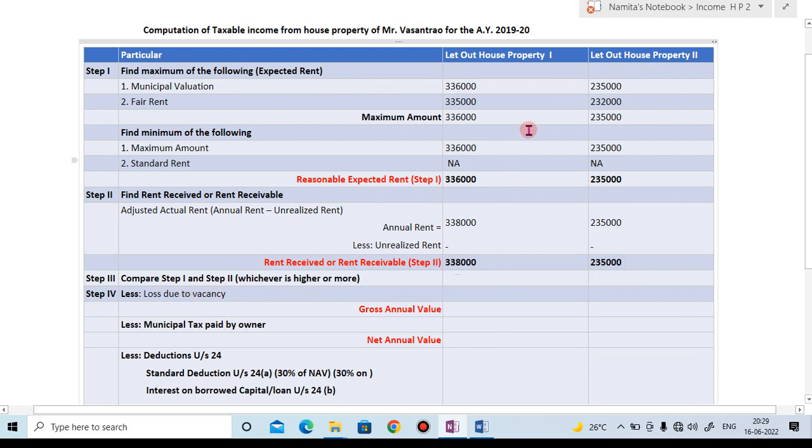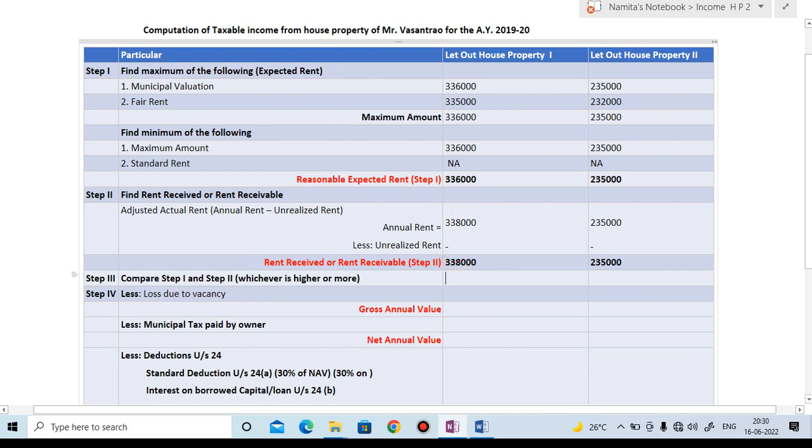Now if you compare house number 1, step number 1 and step number 2, step number 2, that is rent received, is more than reasonable expected rent. Okay, so we have to take whichever is more or higher, between step 1 and step 2.